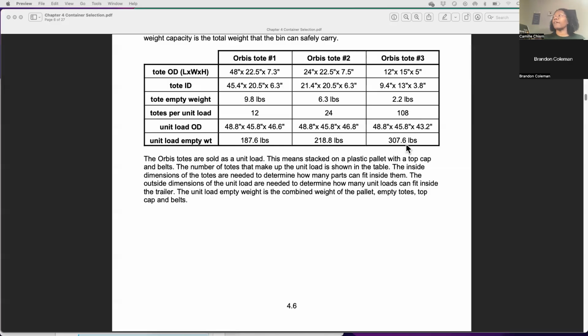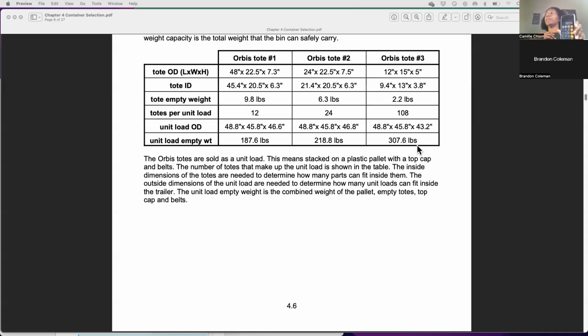So now you're going to take that 540, which is just the weight of your parts alone, 108 multiplied by 5 pounds of part in your bin, and you're going to add the 307.6. So you're going to add the unit load weight empty.